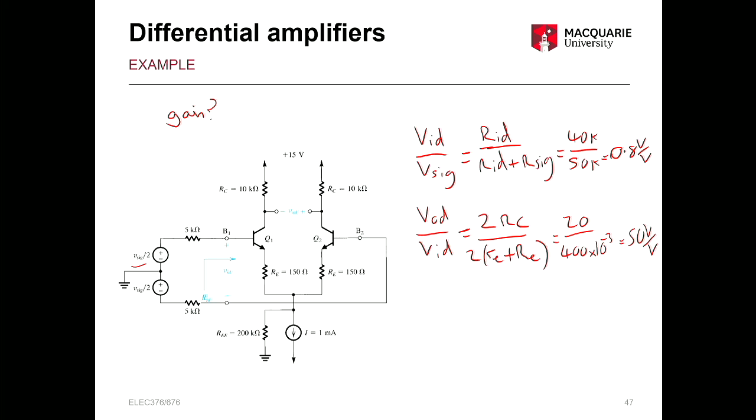We have 50 volts per volt. So now, to get our total gain, we simply multiply the gain of the two stages, okay?